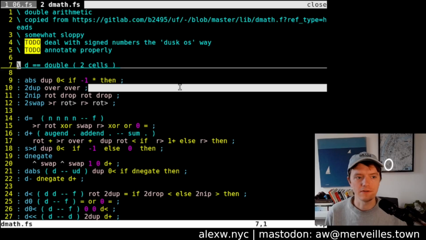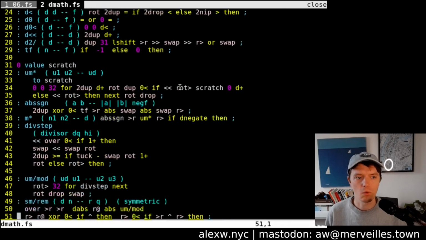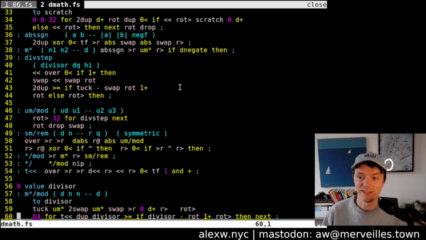You have to define all of these arithmetic words in order to do two-cell arithmetic.